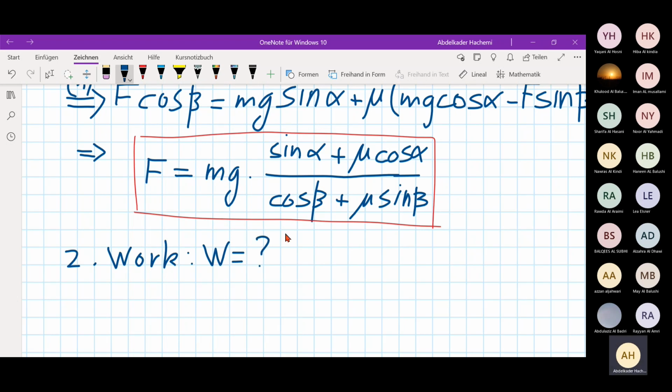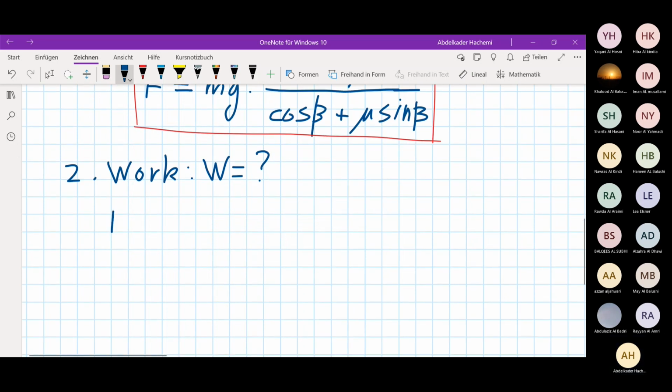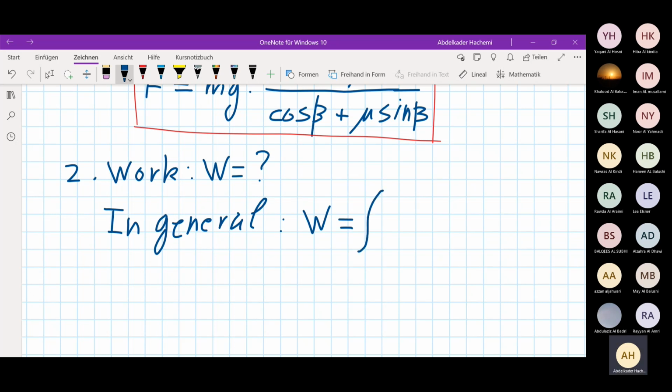In general, we know that we defined it during the lecture that, in general, by definition, the work, as for the potential, W is the integral, let's say from the position, in general here I call it S0 at time T0, to S1 at time T1, of what?